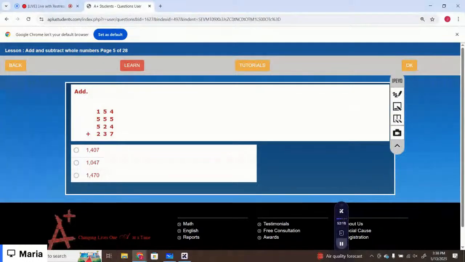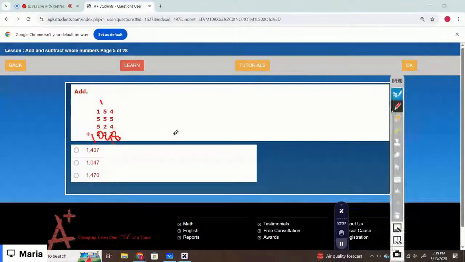154 plus 555 plus 524 and 237. So which is the correct option? 7, 11 and 5, 16. 20.